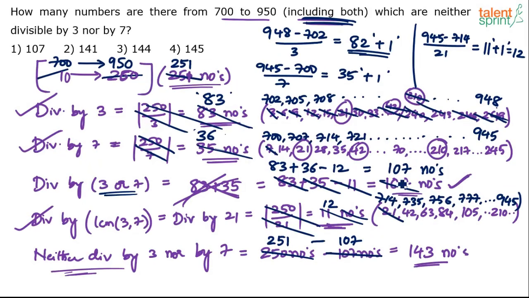While numerically it is equal, the numbers referred to in this 107 group and the numbers referred to in this 107 group are all different. Now 251 minus 107, how much is that? It will be 144. Right? So 144, option 3 will be the final answer.